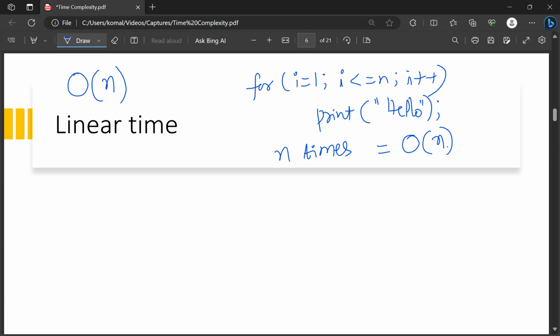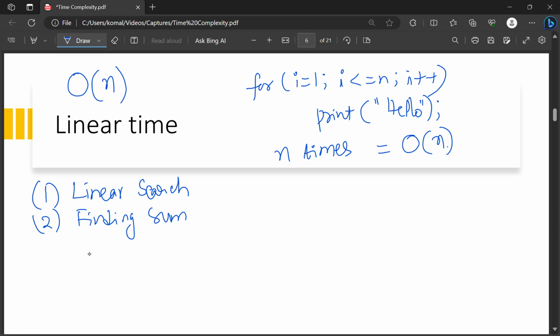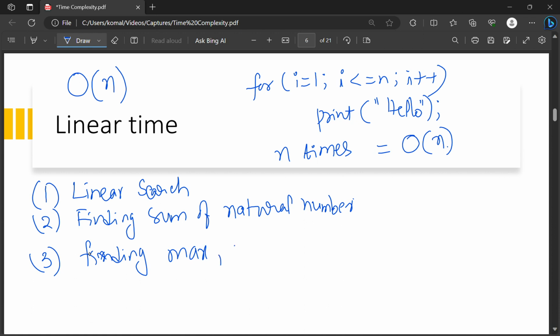The best examples for this linear time complexity are linear search operation, which is finding whether an element is present in the given array or not, finding the sum of n natural numbers, and finding max, min, etc. in the given array.